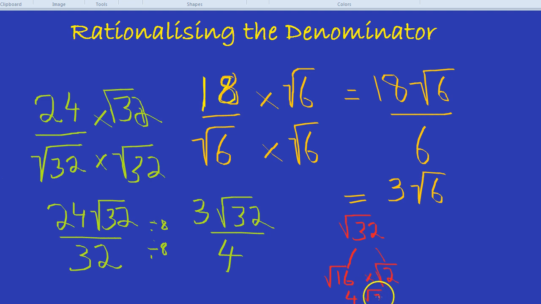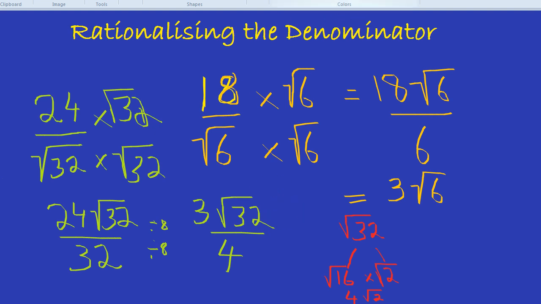That's how you simplify surds. Root 32 becomes 4 root 2. To recap, we found the biggest square number which goes into 32, which is 16. We know that 32 is 16 times 2, so root 32 is root 16 times root 2, and the square root of 16 is 4. So root 32 becomes 4 root 2.